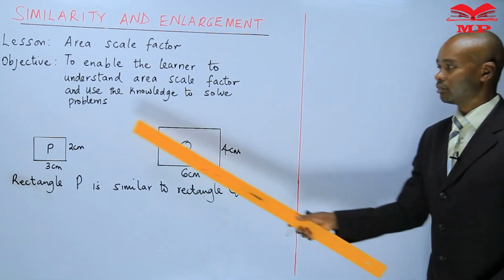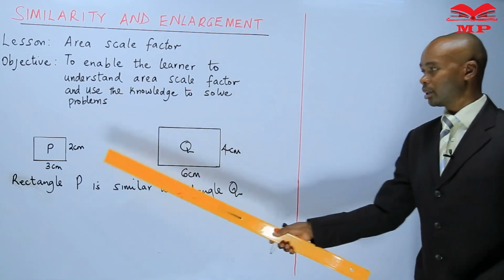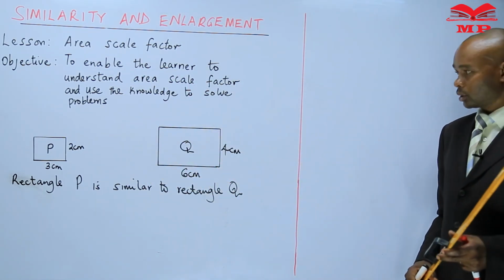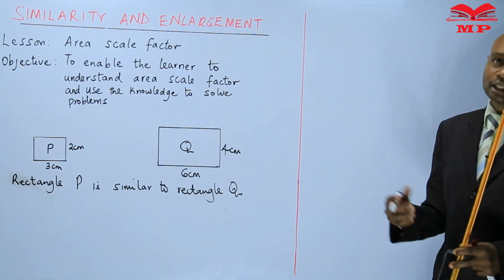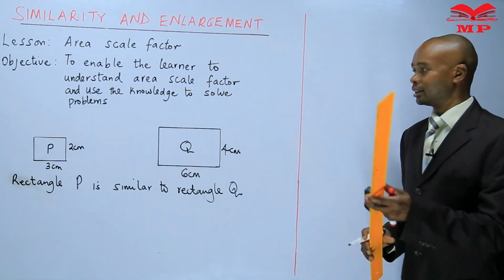We can see 4 divided by 2 is 2, and 6 divided by 3 is 2. That is a clear condition that the rectangles are similar.